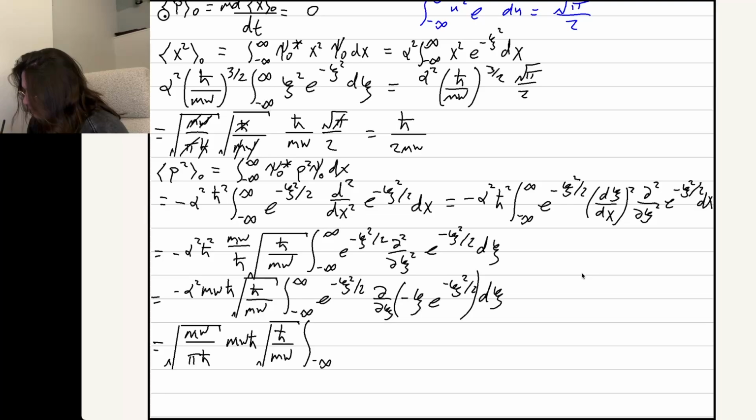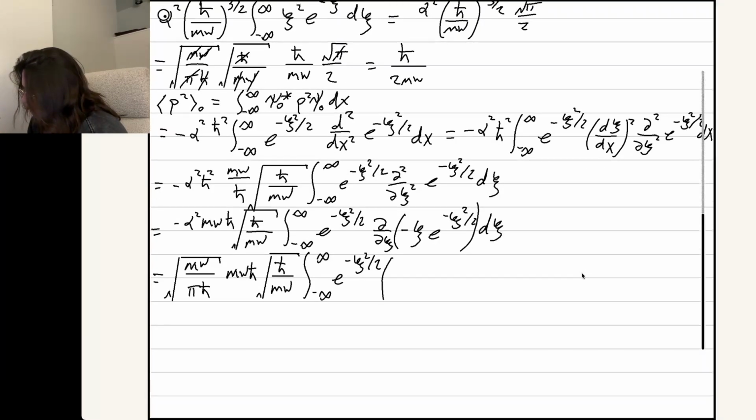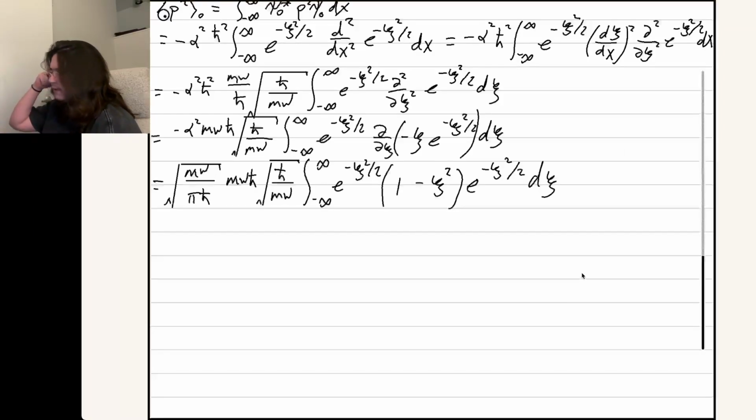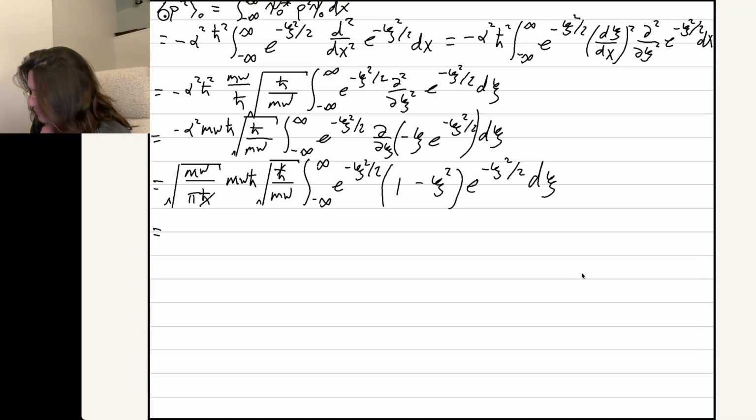In the integral, we'll do the next derivative, which is going to be, one factor will just be 1. The other will be minus c squared, and we'll have e to the minus c squared over 2 dc. Simplifying the prefactor, this cancels this, this cancels this, this cancels this.